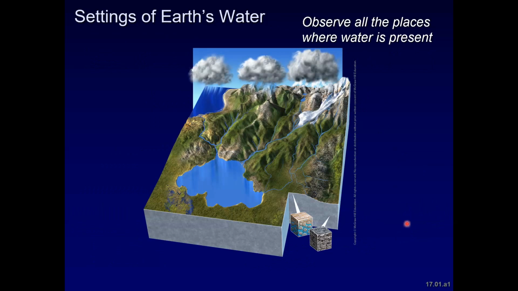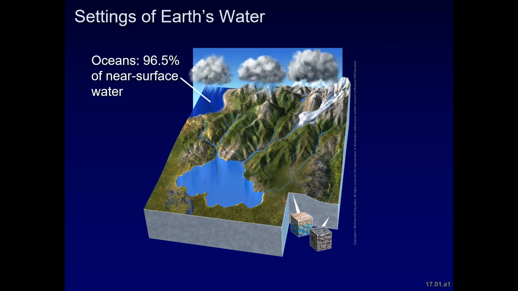Okay, so settings of Earth's water. The oceans have 96.5% of near surface water on Earth. It's salty, of course. Rivers and streams are important sources of water and transportation of water and sediment.